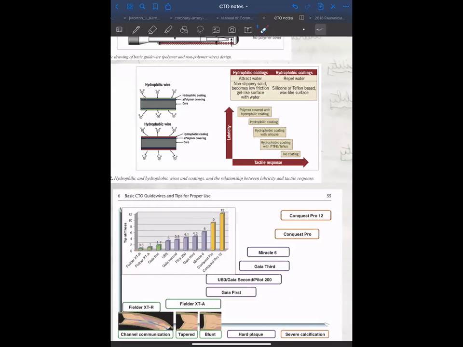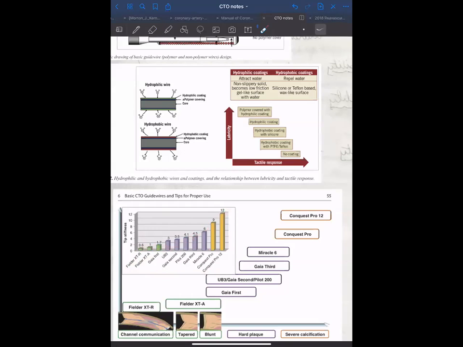So they are used for CTO purposes to begin with. And Gaia has 3 wires, one in the low penetration, intermediate, and high penetration. This is basically the tip stiffness, and what is written in number here, numerical number, is the tip load. So as the load increases, the stiffness increases. So that is what we need to understand.